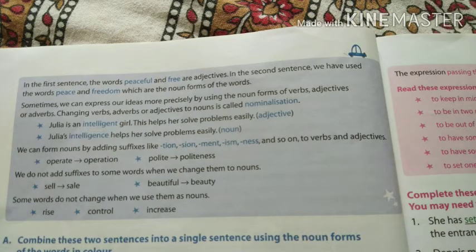In the first sentence, the highlighted words peaceful and free are adjectives. In the second sentence, we have used the words peace and freedom, which are the noun forms of the words. In the second sentence, we can see that words peace and freedom are used as noun.